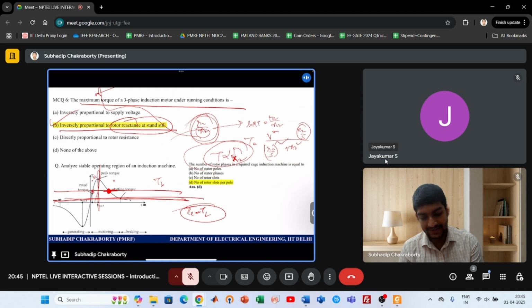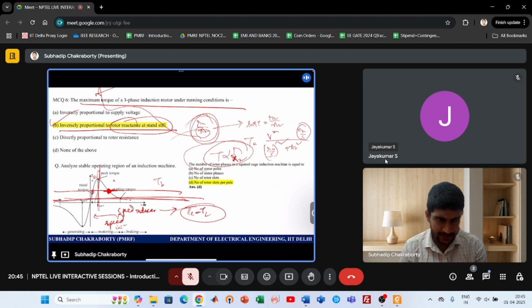so if my load torque increases, or think of it in a different way, on this side speed reduces and speed increases this side. So see, if you take this intersection point and think that this point is stable, just check. If your speed increases and you are operating at a particular slip, what will happen?